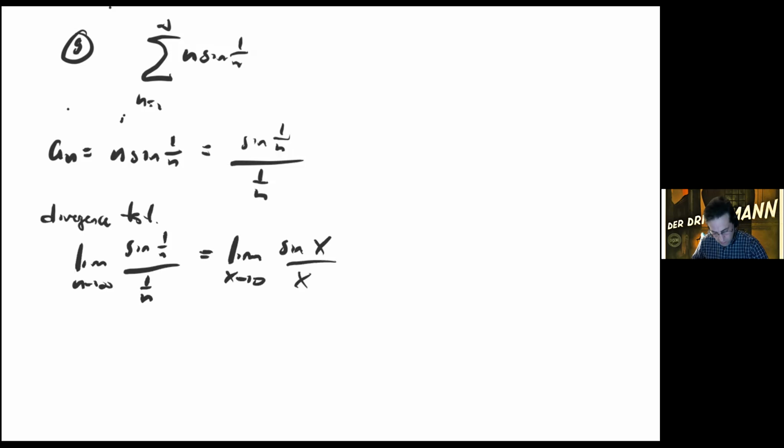Now, this is well known from Calc 1, when you did derivatives of trig functions, that this limit is 1. Okay, and 1 is not 0. And for the divergence test, we now know that a sub n does not converge to 0. It converges to 1 as n goes to infinity.